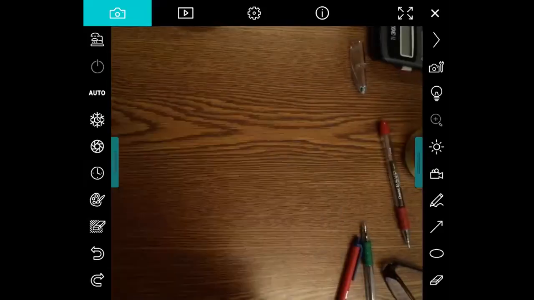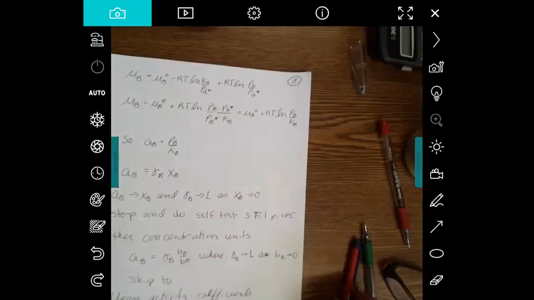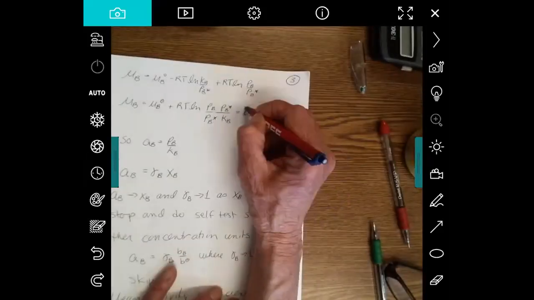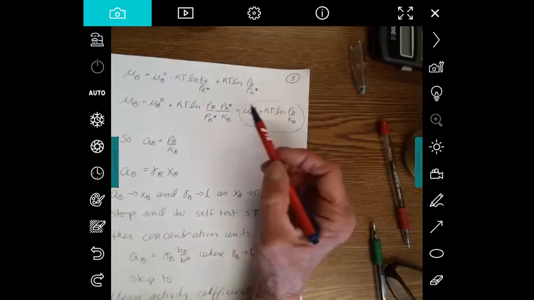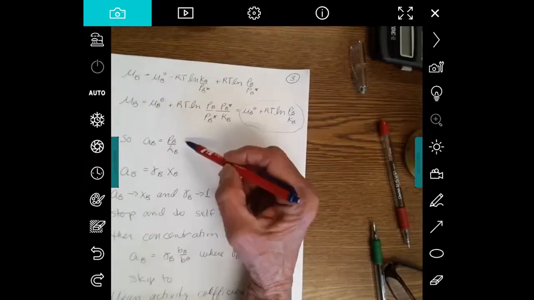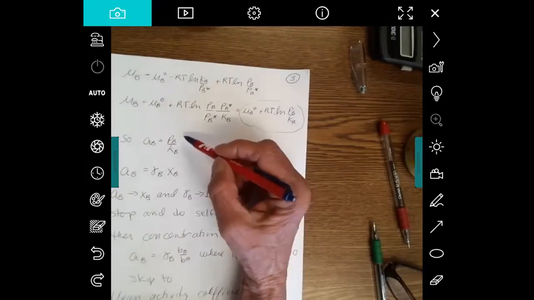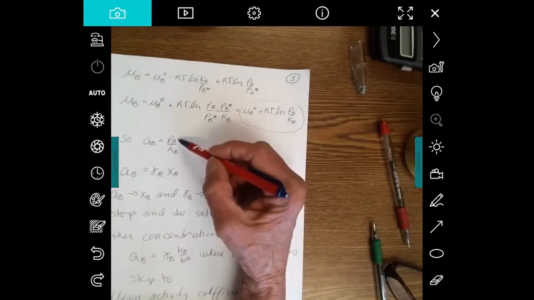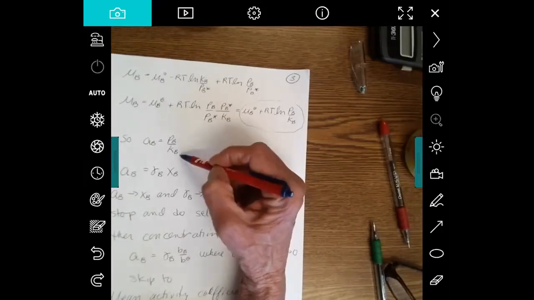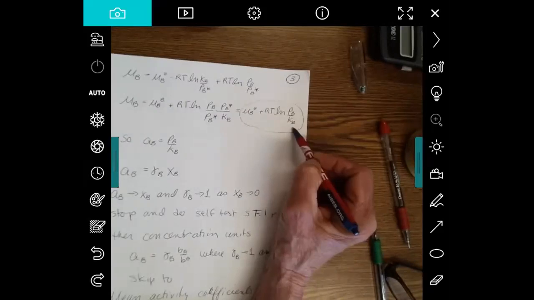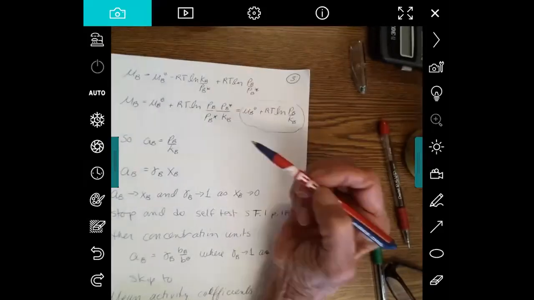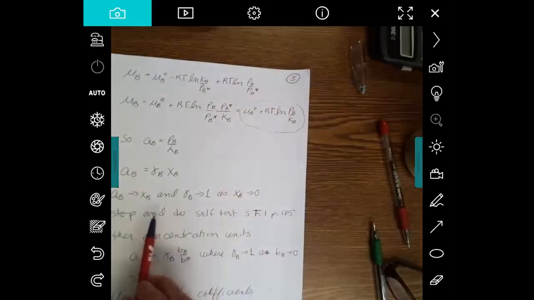And so if we continue to rearrange that, we end up with this equation. And now the activity of B has a different definition. If it's the solute, it's going to be equal to the partial pressure of B over the Henry's law constant. So this ratio, rather than what we had in the other one, which was the mole fraction.